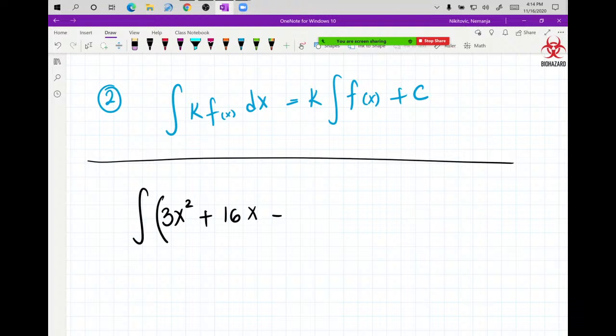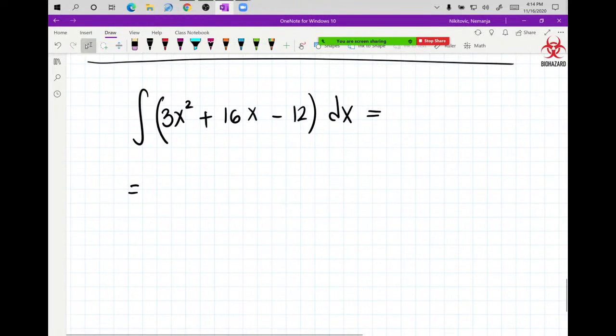So 3x squared plus 16x minus 12, whatever, dx. So you're supposed to break these apart and try it. Now remember, it's not always, well, I'll let you discover things.